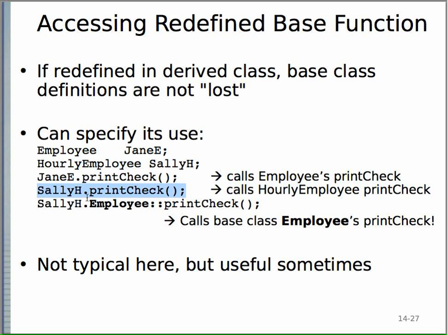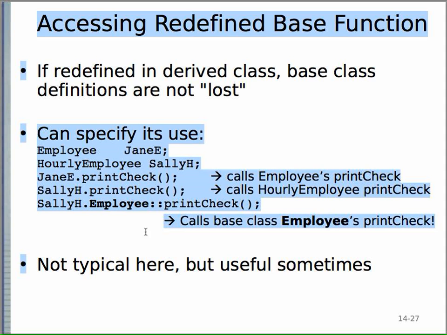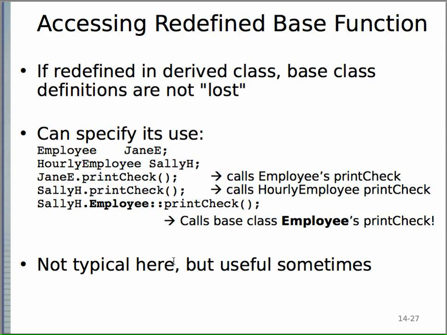Now, as Sally H is an instance of the subclass or derived class, you can still call the print check function of the base class by using the base class name and the scope resolution operator. Okay, so that said, you should never have to do that. But every once in a while it might come in handy. So try to avoid it.